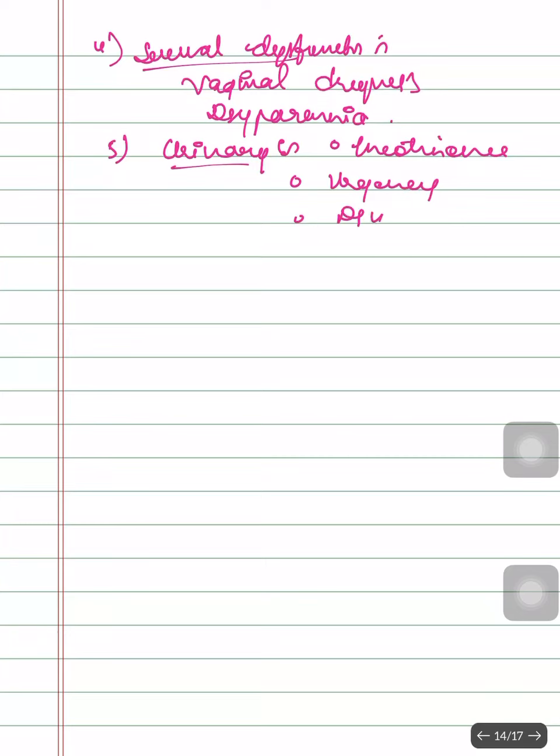Fourth one is sexual dysfunction, which is vaginal dryness, and dyspareunia, which is painful intercourse. Next are urinary symptoms, which are incontinence of urine, urgency to urinate, and dysuria, which is painful urination.